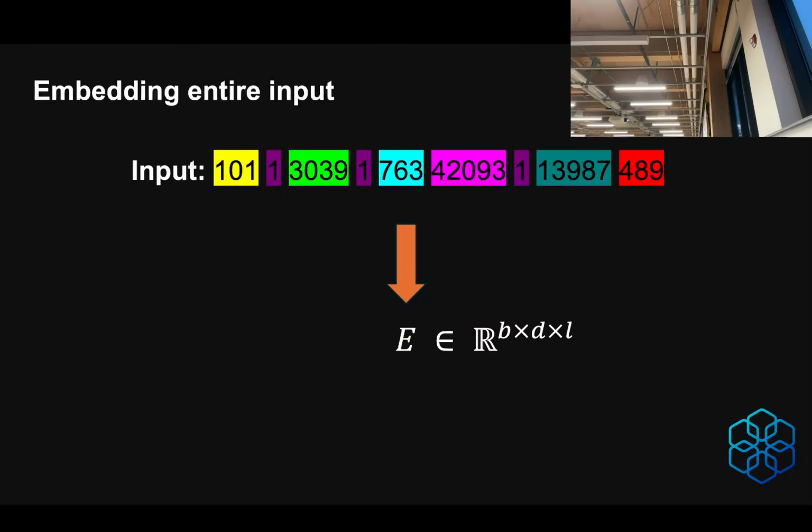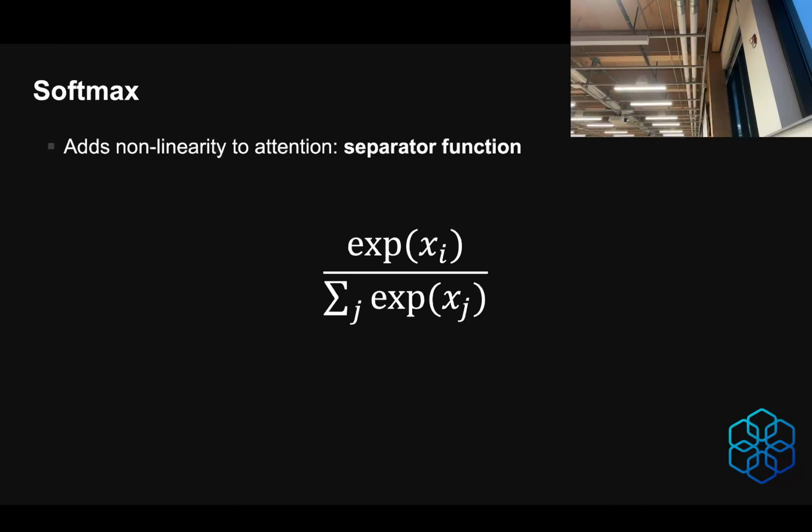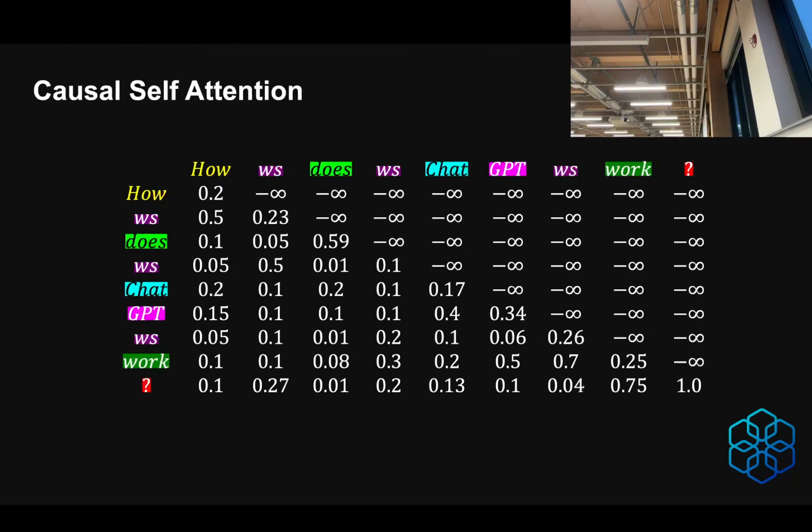Oh, actually, I'm going the wrong direction. Okay, so we're using softmax. What will happen with these values when we apply negative infinity? Yeah, exactly. We want them to be zero.